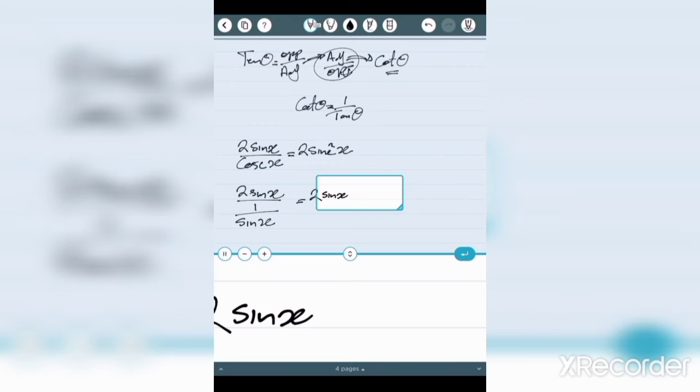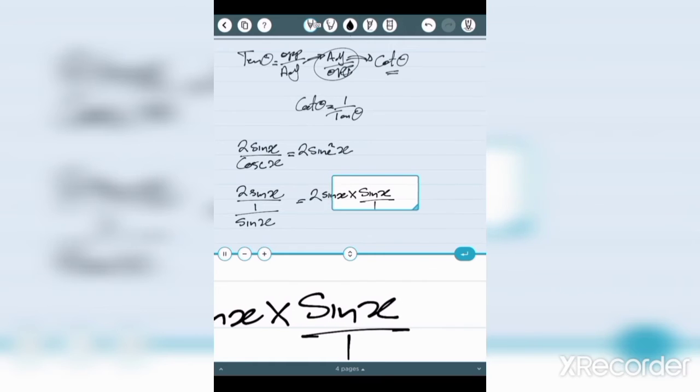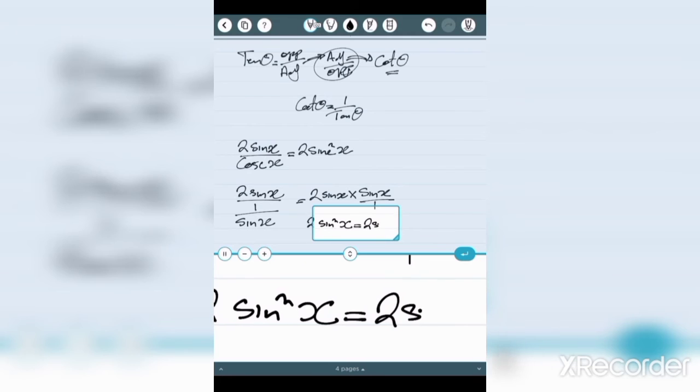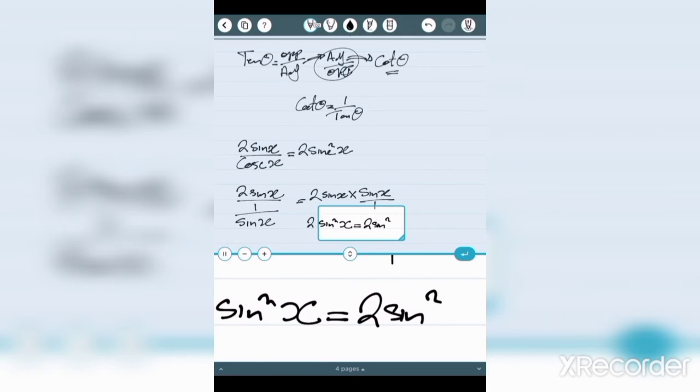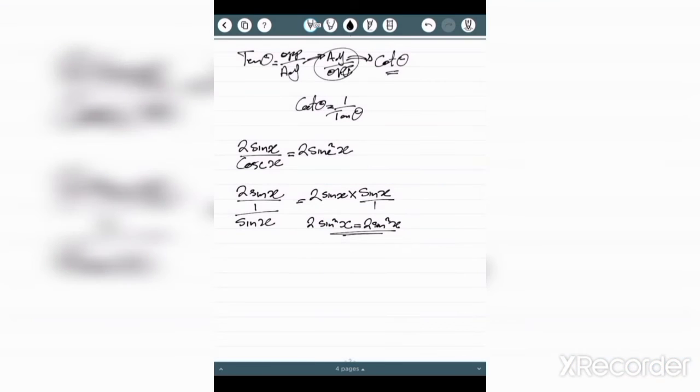So if we're now multiplying, it simply means that the numerator becomes the denominator, and this finally now becomes 2 sine squared x is equal to 2 sine squared x, which is very true.